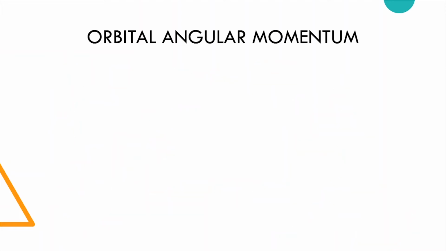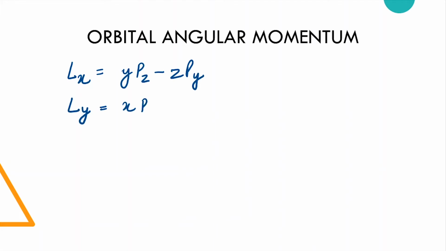So our Lx is equal to y pz minus z py, and Ly is equal to x pz minus z px, and then Lz is equal to x py minus y px.